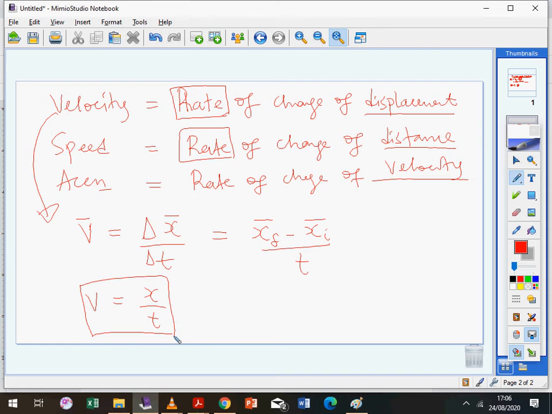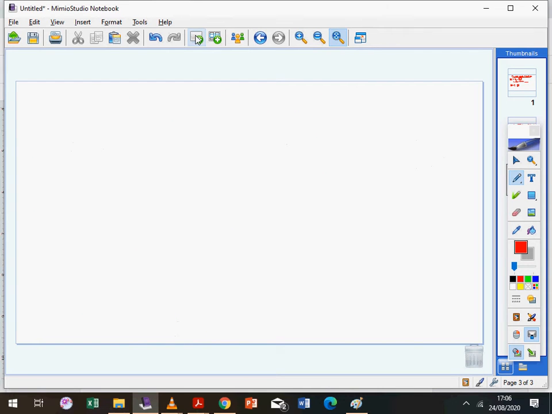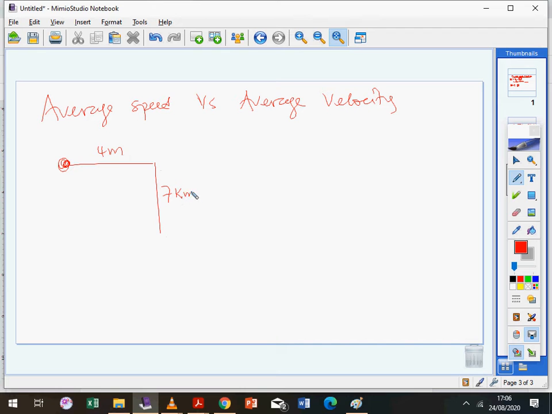Now, the two aspects, average speed and average velocity. Consider somebody that moves from here. This is their home. It moves 4 meters. It can even be kilometers, and then 7 kilometers, and then another 4 kilometers, and then 7 kilometers back home.